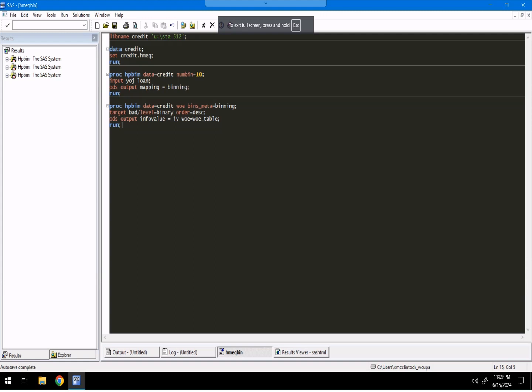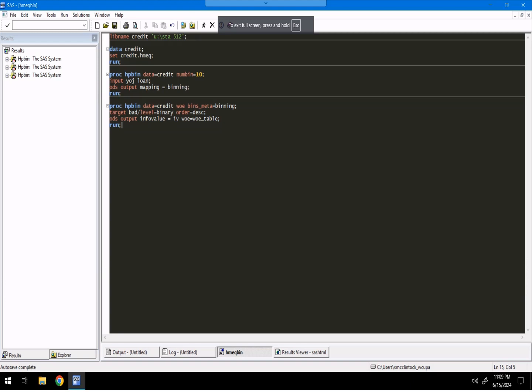Ten is a pretty common starting number. Here I just wanted to focus on my numerical variables, so I put years on job and loan amount. I create this ODS output called a mapping, so HP bin will create those bins, and then output what the bins are.